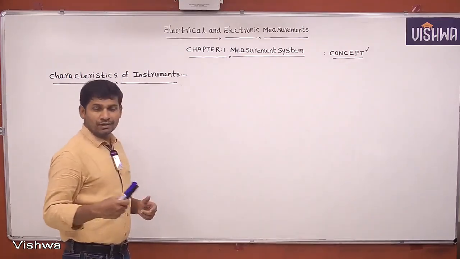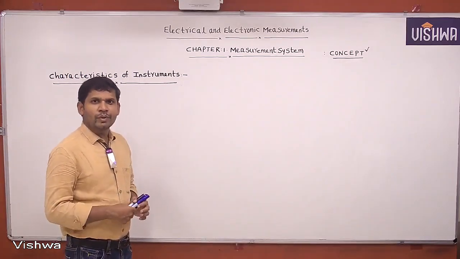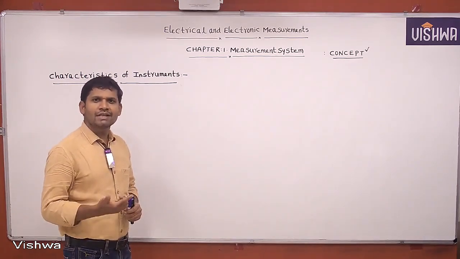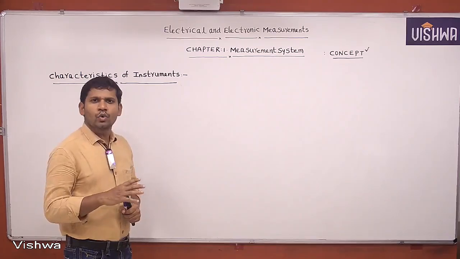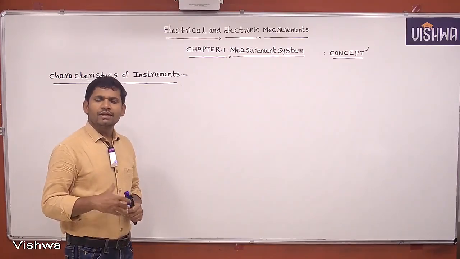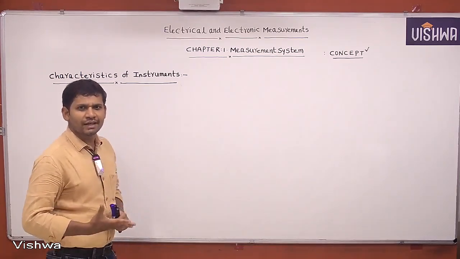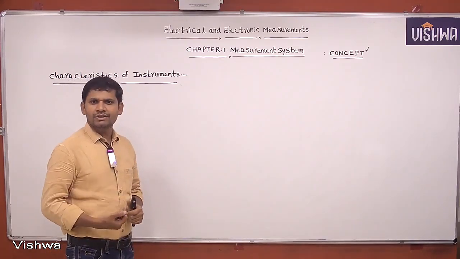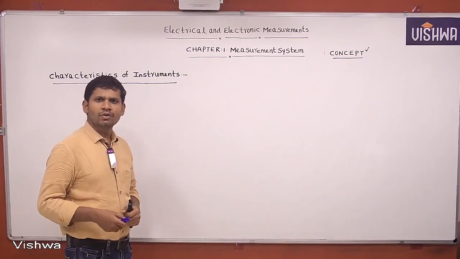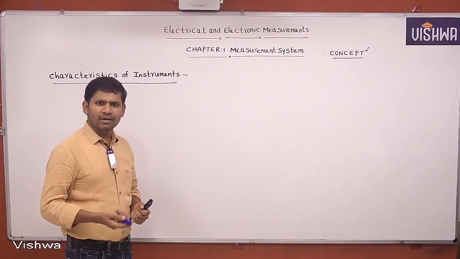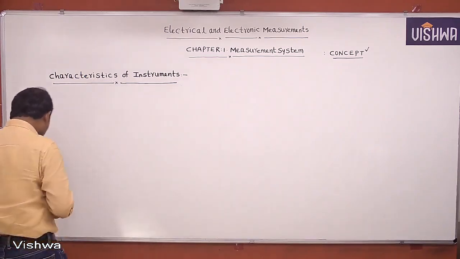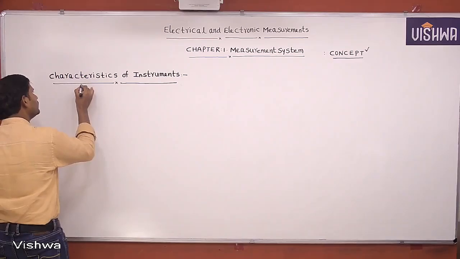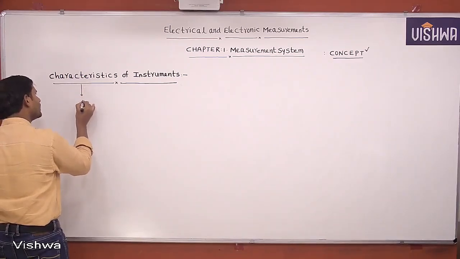Then I told that the characteristics of instrument are analyzed under two conditions. One is static condition or slowly time varying condition; those characteristics are nothing but static characteristics. The characteristics of instrument are also analyzed under a dynamic condition; those characteristics are nothing but dynamic characteristics. That means in general there are two types of characteristics of instrument.